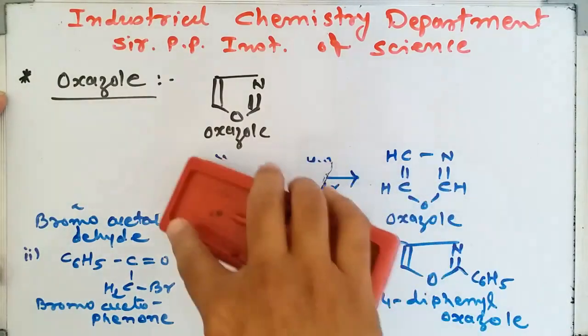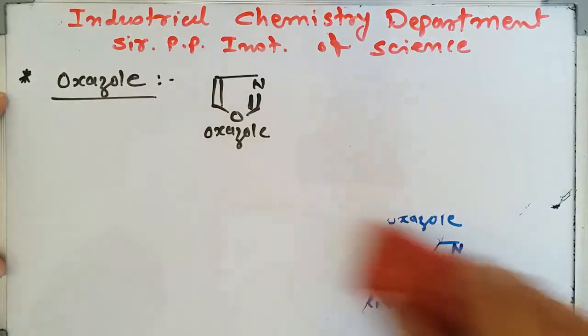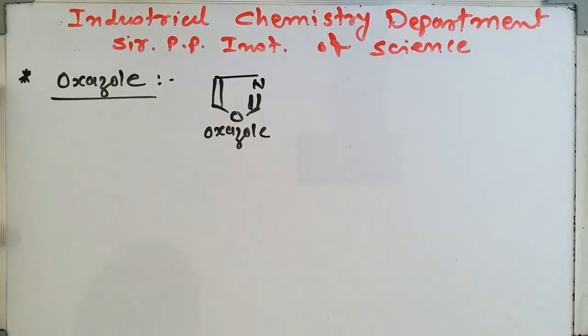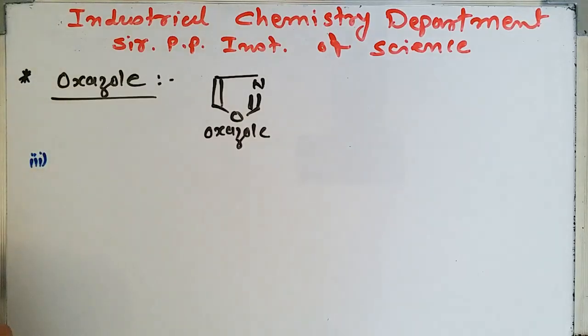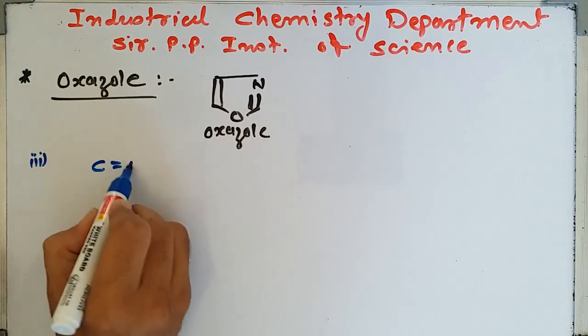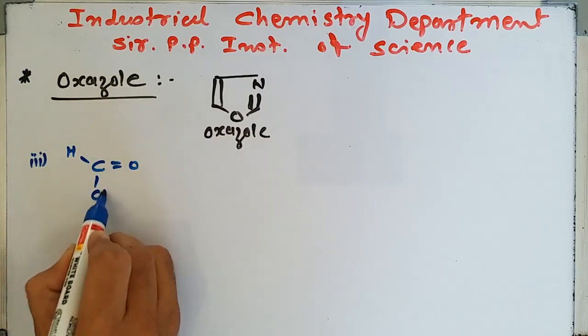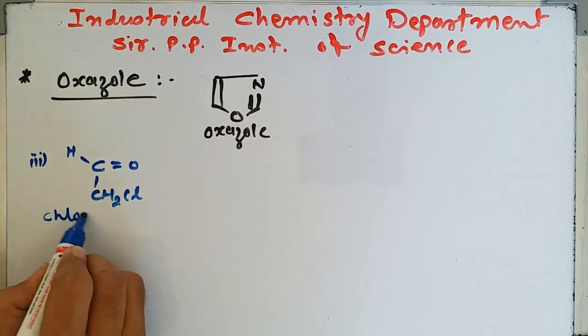We have also one more preparation, number 3, for oxazole. It is prepared by the reaction between chloroacetaldehyde and urea. Chloroacetaldehyde is C double bond O H, CH2Cl. This is chloroacetaldehyde.